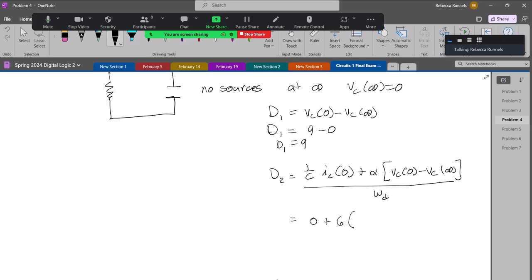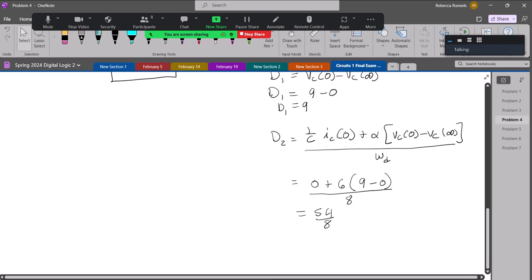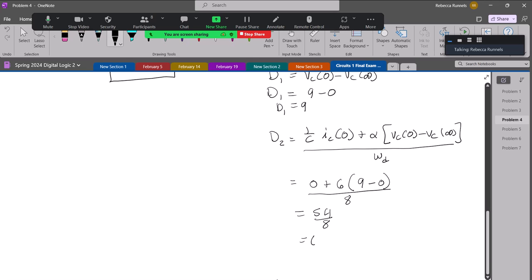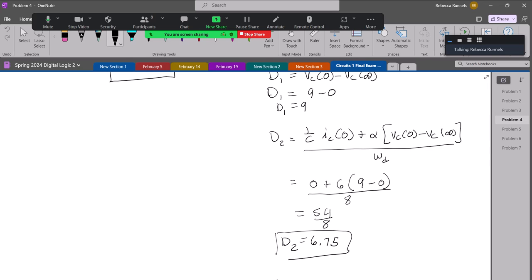Alpha was 6, VC of 0 was 9, minus VC at infinity is 0, over omega D was 8. That's 54 over 8, which is 6.75.